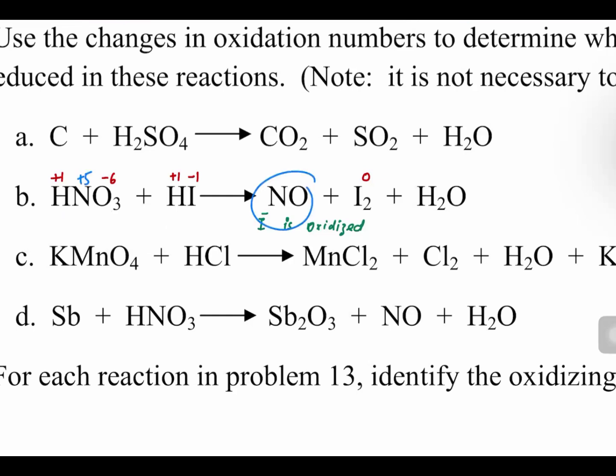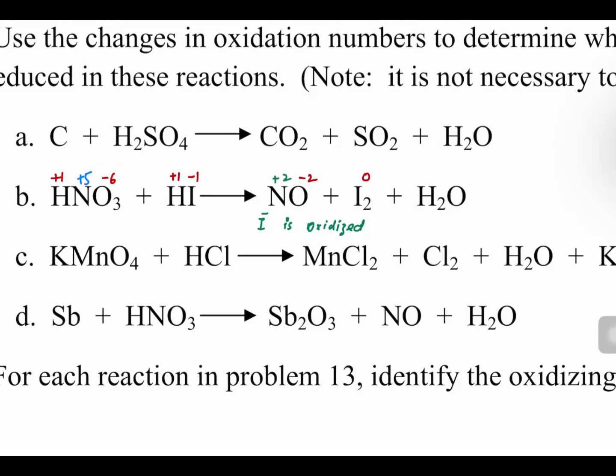Can you tell me the charge of nitrogen over here in NO, since the oxygen is -2? You know there is no charge on NO, it is neutral. So to make it zero, what should be the charge on nitrogen? Exactly, this is +2.